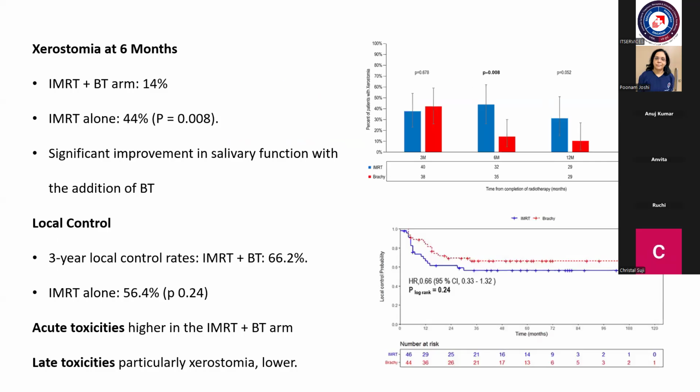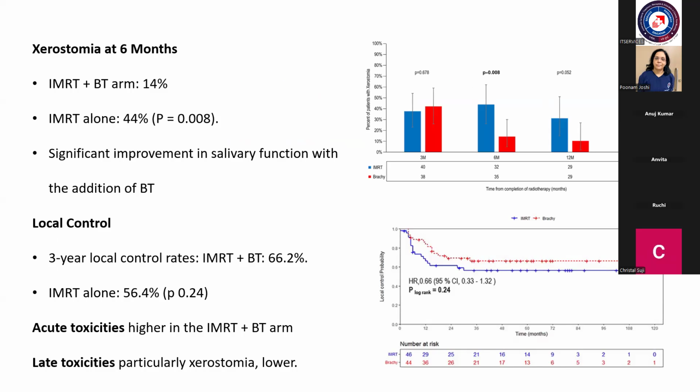As we can see in the graph, in the IMRT and brachytherapy arm, the incidence of xerostomia at 6 months was 14% as compared to the IMRT alone arm, which was 44%, which was statistically significant. So we could see a significant improvement in salivary function with the addition of brachytherapy.